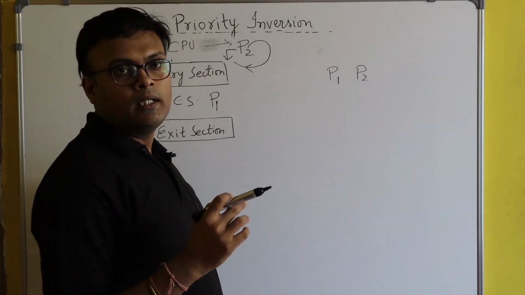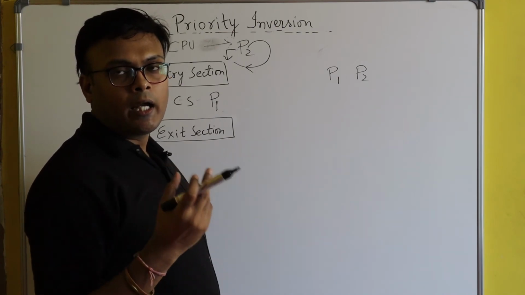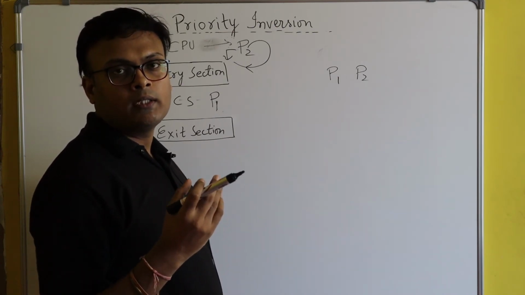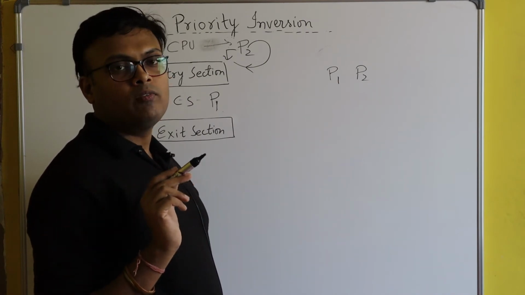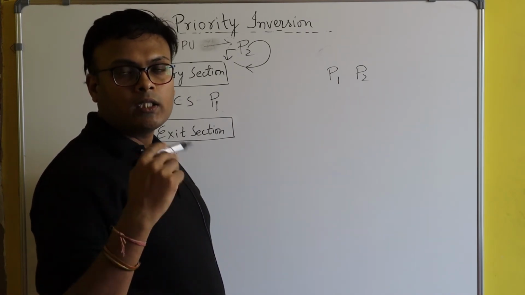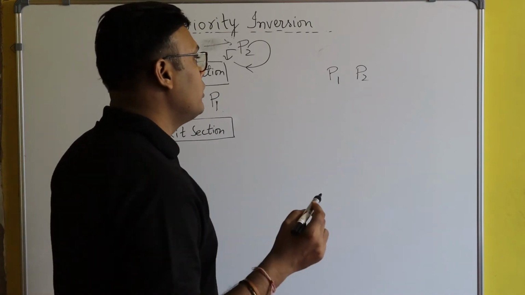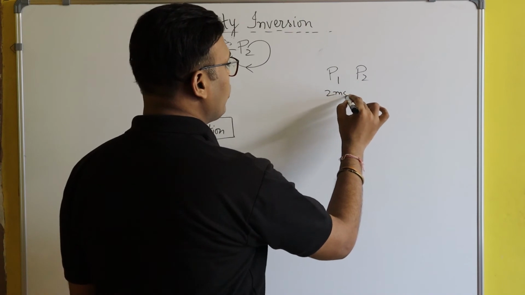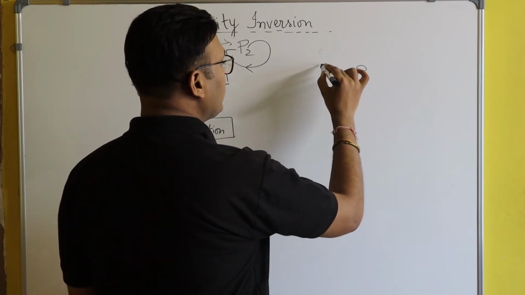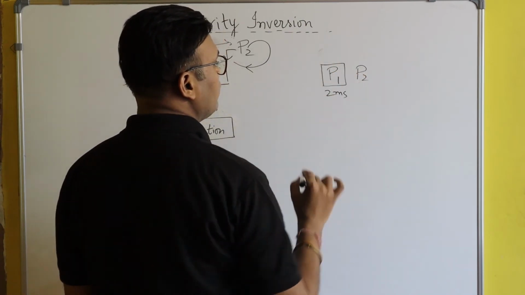Each process is given an equal amount of time quantum, and that process will run till the expiry of its time quantum. For example, suppose P2 is given 2 milliseconds of time quantum. So P2 can run only for 2 milliseconds.